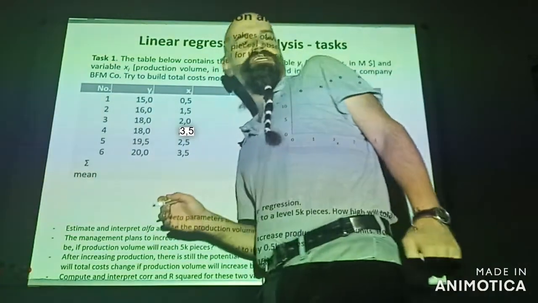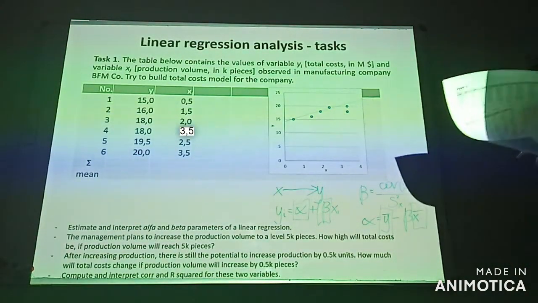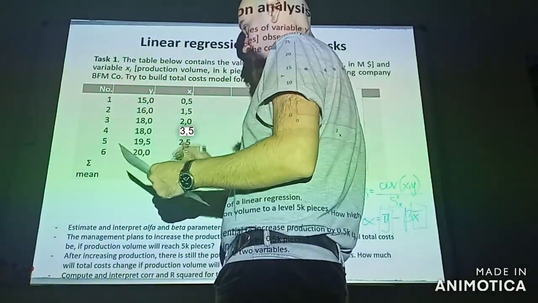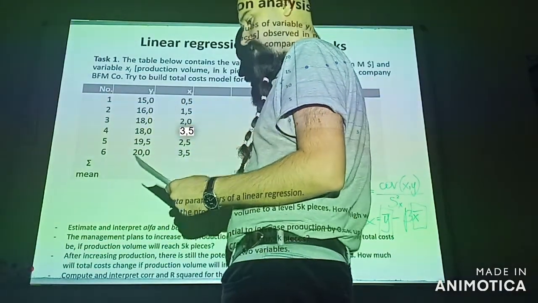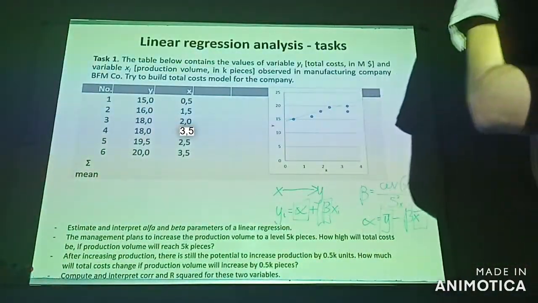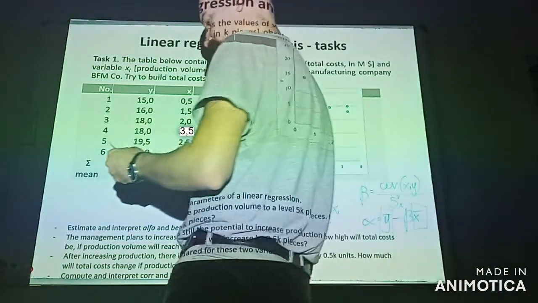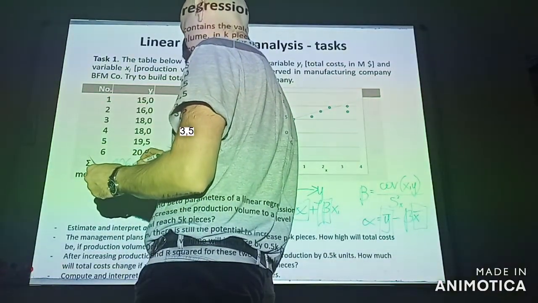Let's sum up the values in those columns. We sum up 15 plus 16 and so on. All right, and the final result is 106.5.